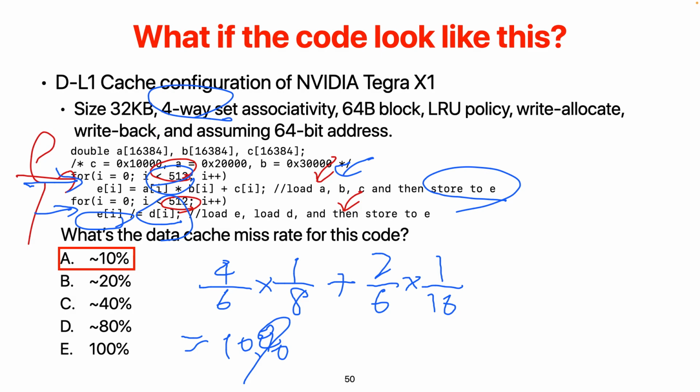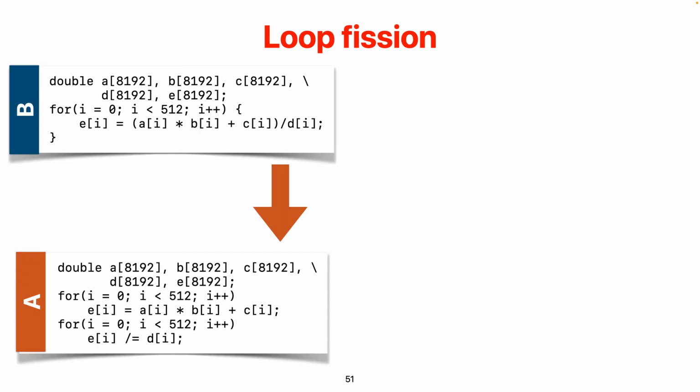Question? Oh, good. Okay, so now you see loop fission is a very efficient way to address the issue on NVIDIA processors. Again, this is counterintuitive, because typically as a software engineer, you think if I can put everything within a single iteration, it's easier to understand. People love it.